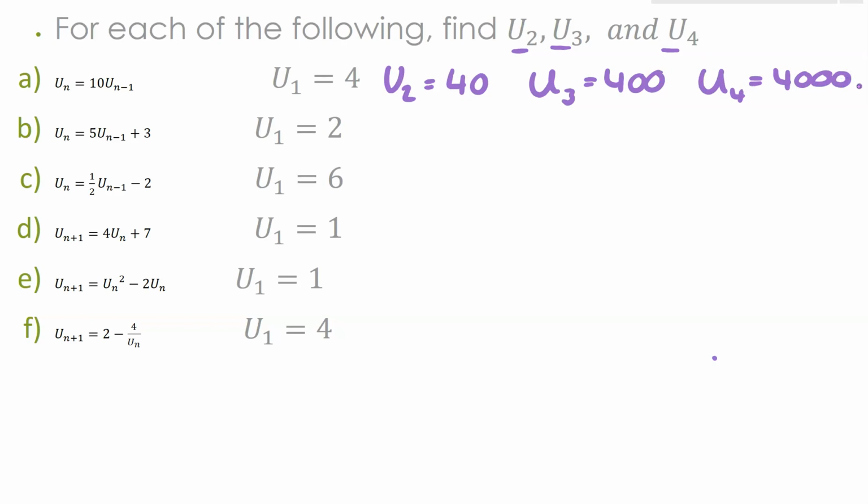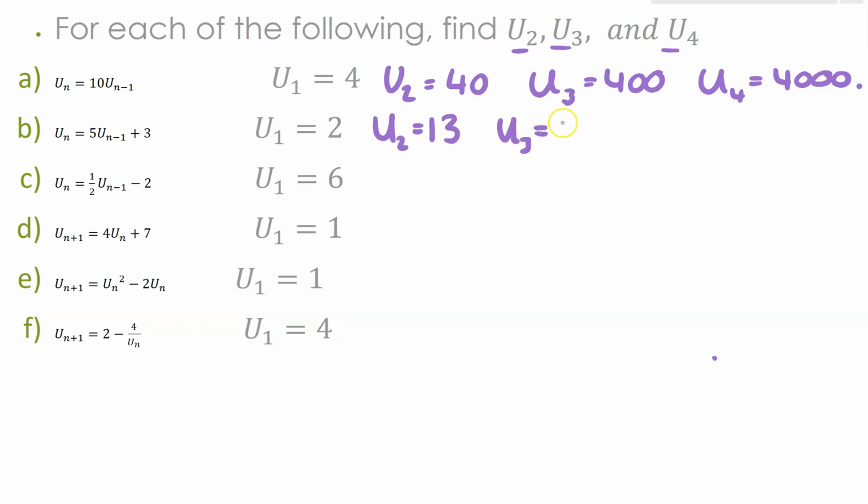The next one now, B. Right, this part here means you're going to multiply the previous term by 5, and then you're going to add 3. So, to get the second term, multiply the previous term by 5, then add 3. So that's going to give me 10 add 3 is 13. Next one, so U3.